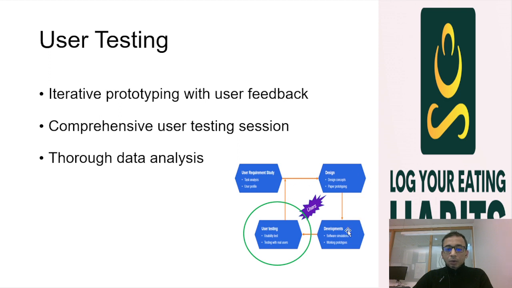This is a continuous process. Each time we get data from the user feedback, we go through data analysis, reviewing their feedback, which we can integrate with our system, our application.